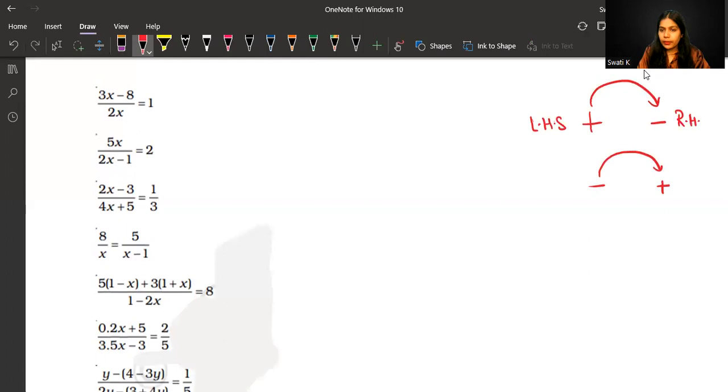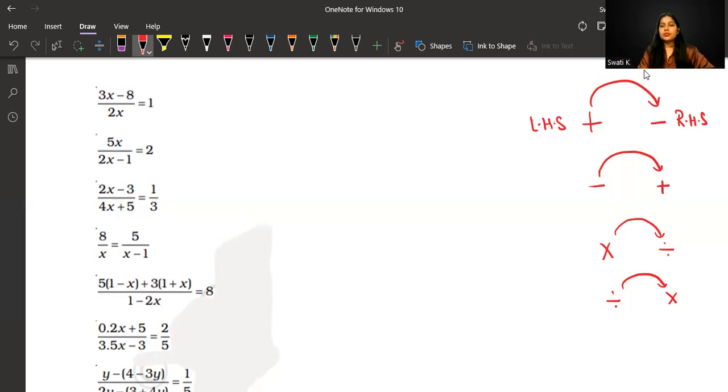LHS is left hand side and RHS is right hand side. Here again the same thing, LHS to RHS. In fact, you can also shift from RHS to LHS, and the rule is the same. Plus will become minus, minus will become plus. Multiplication will become division and division will become multiplication. This is the only rule that you have to follow in the linear equation in one variable, and you need to practice. That is the only key here.